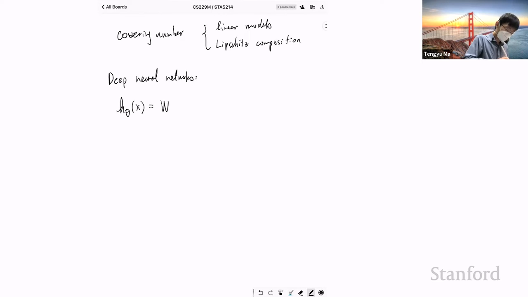The last layer doesn't have any activation, and the other layers do. Basically, in the math formula, you first multiply x with W1, then you pass it through a nonlinearity, then you multiply by W2, and so on and so forth until you have R layers. This is the network. There are R layers, and Wi are the weights.